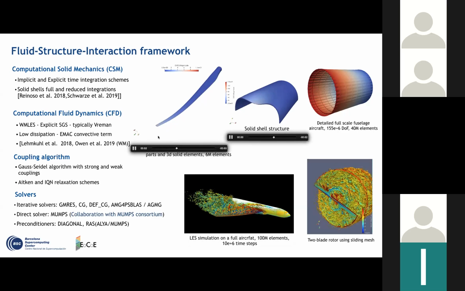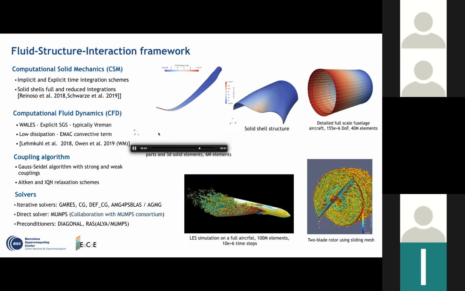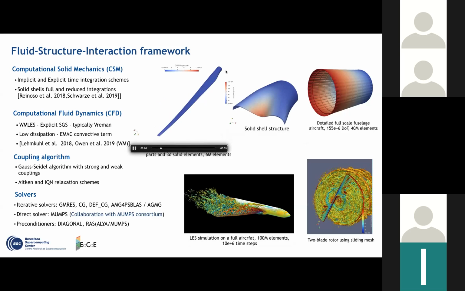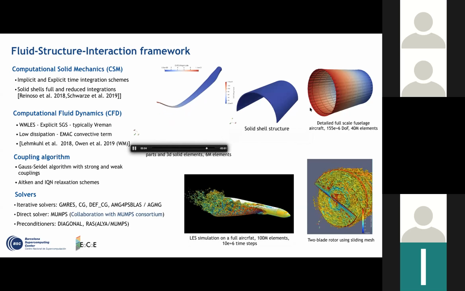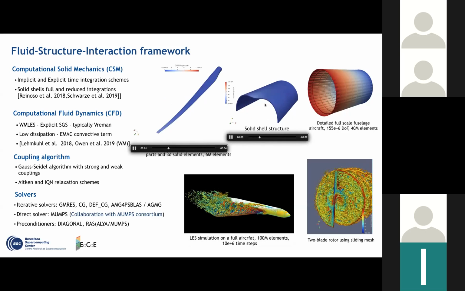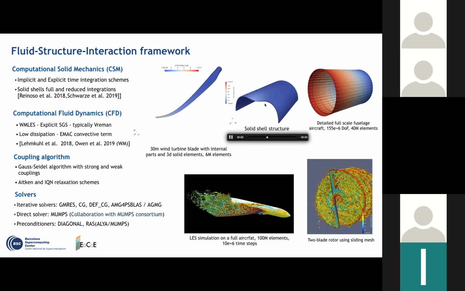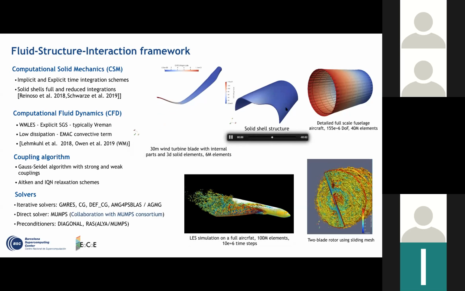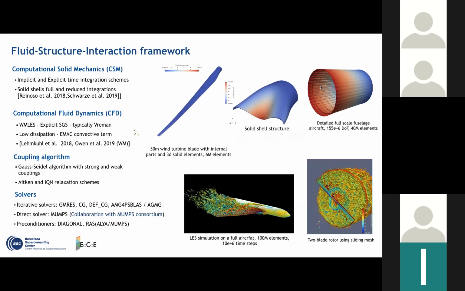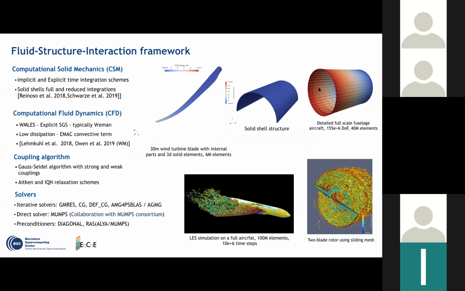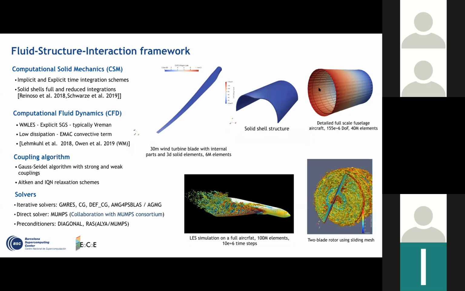For instance, this full wind turbine blade, where we did an analysis of buckling and post-buckling behavior, or these other simulations of this solid shell structure, or this full-scale fuselage with the detail of the stringers, which was a simulation of more than 150 million degrees of freedom.